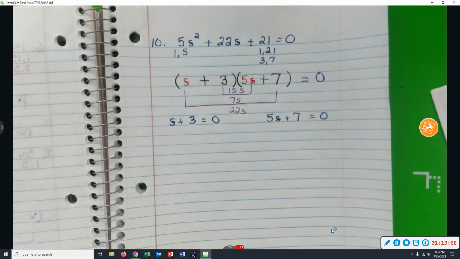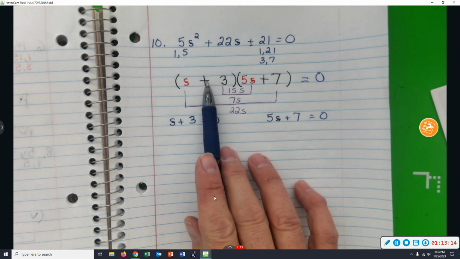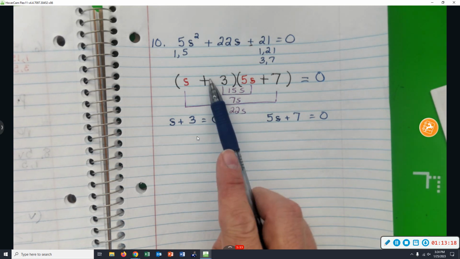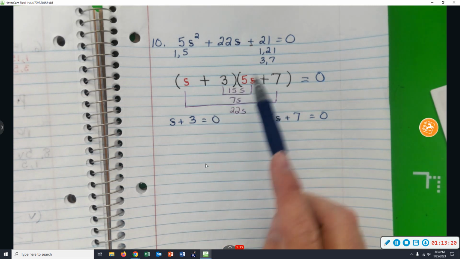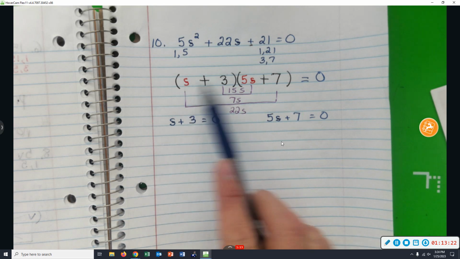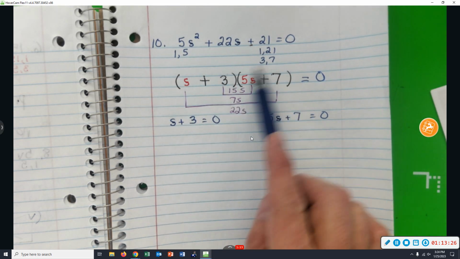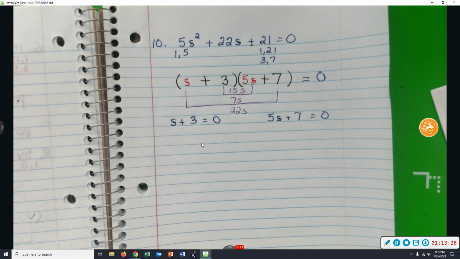Since you're solving an equation, you just drop the parentheses and write what's inside it, equals 0. 5s plus 7 equals 0.